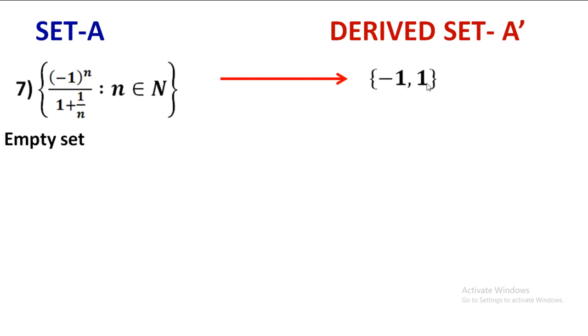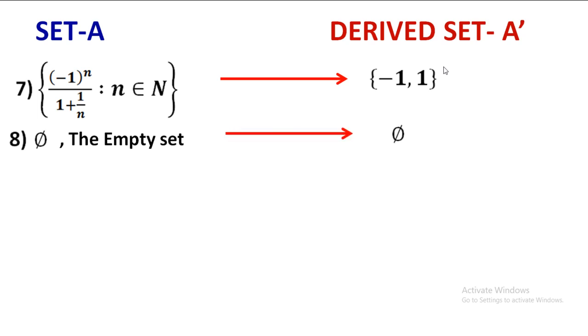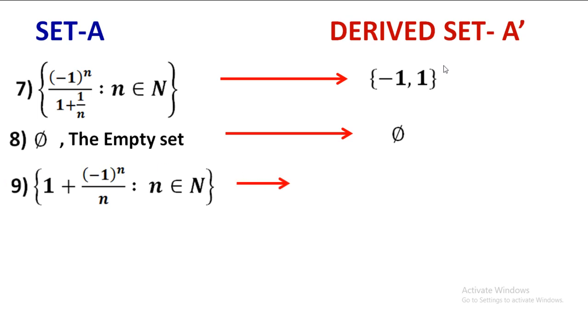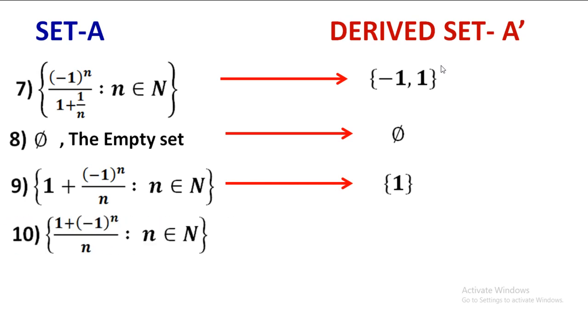Next, the empty set, whose derived set is empty. And the ninth one, 1 plus minus 1 whole to the power of n by n, such that n belongs to natural numbers, whose derived set is the singleton set 1. Next, the tenth one, 1 plus minus 1 whole to the power of n by n, such that n belongs to the natural numbers, whose derived set is the singleton set 0.